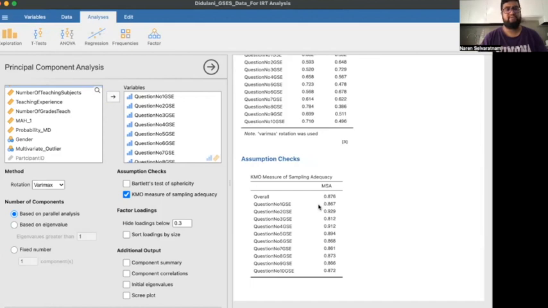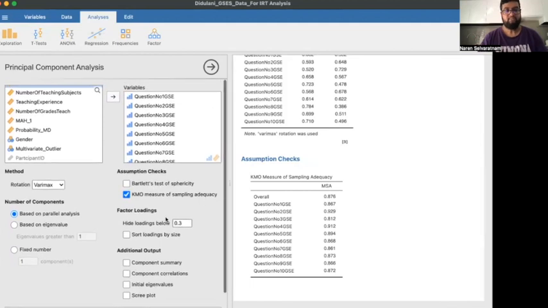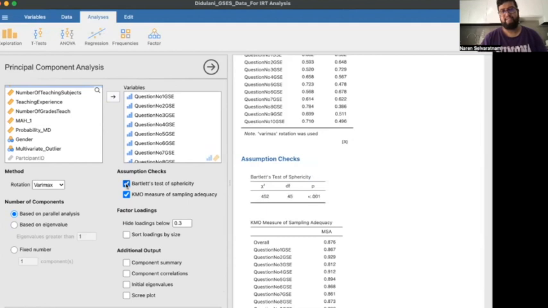We have met the first assumption of factorability. And then I'm going to go ahead and click on Bartlett's test of sphericity as well. Now, Bartlett's test of sphericity is also significant, as you see here. So as a result, I have met all the requirements to go ahead with factor analysis.